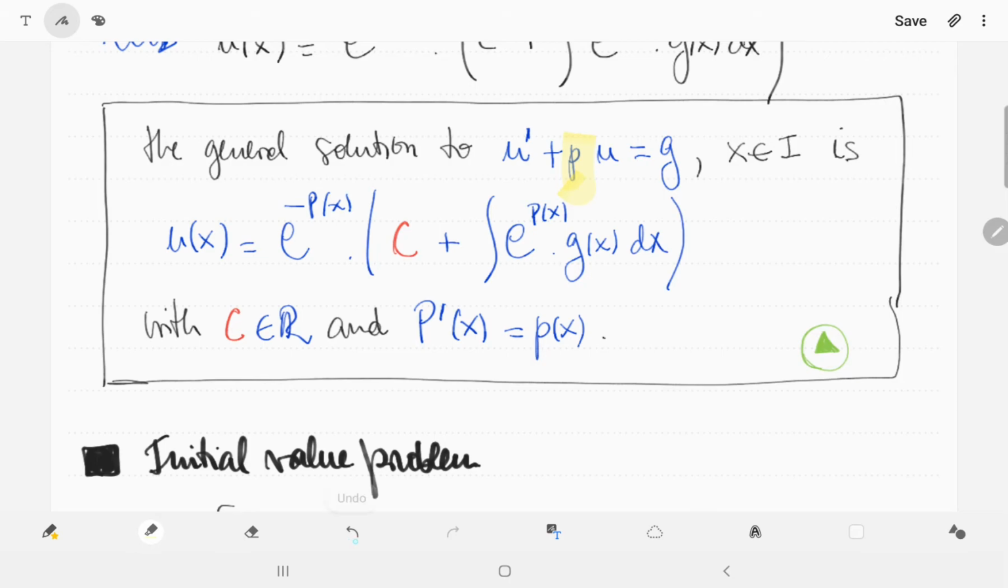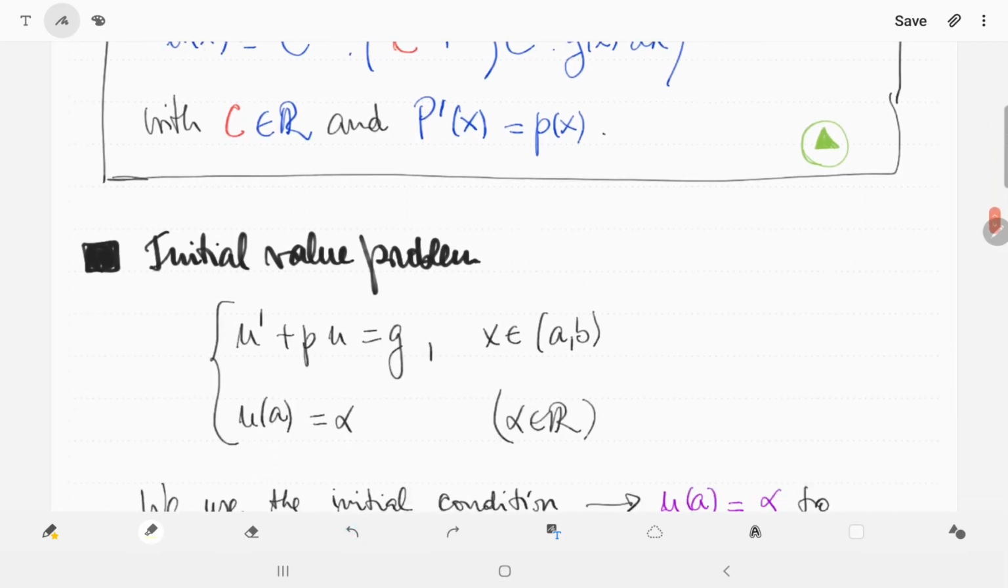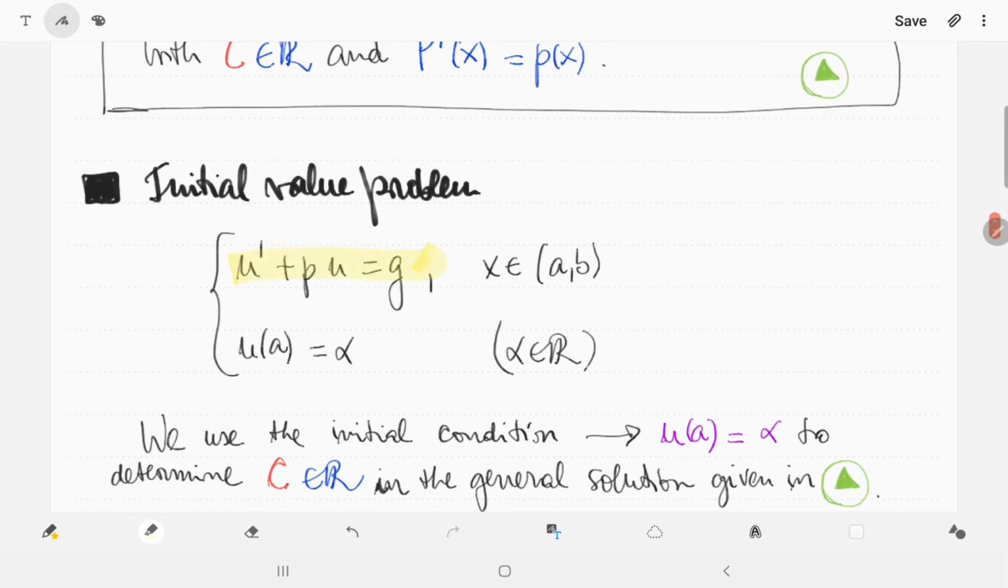Okay, so now imagine that apart from the equation, we have an initial condition. As I said in the previous part of the lecture, usually a first order equation has one initial condition, a second order one has 2 initial conditions, a third order one 3 initial conditions, and so on.